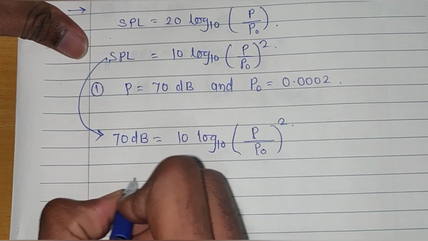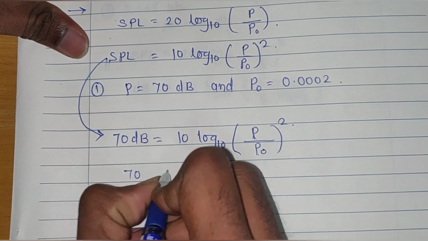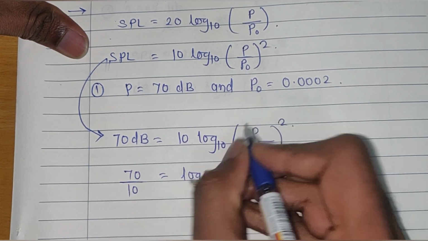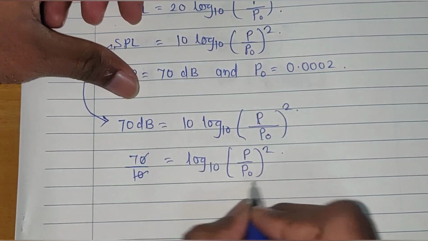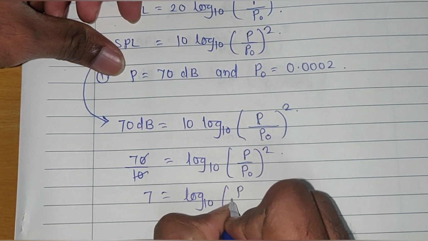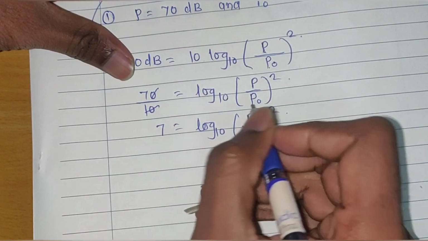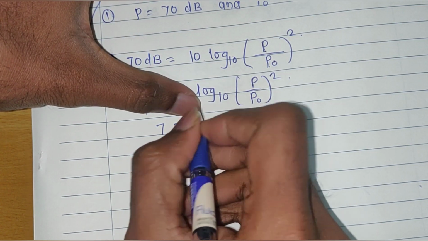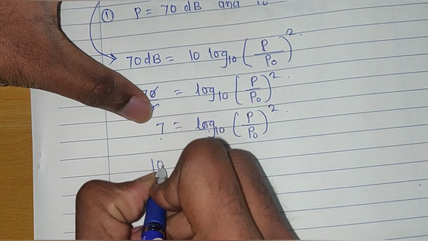Okay, so after solving this, you will get 70 upon 10, that means 7, equal to log to the base 10 (P upon P naught) whole square. Now we know the properties of logarithm: if you take this log to the other side, then the log converts to 10 as a base.